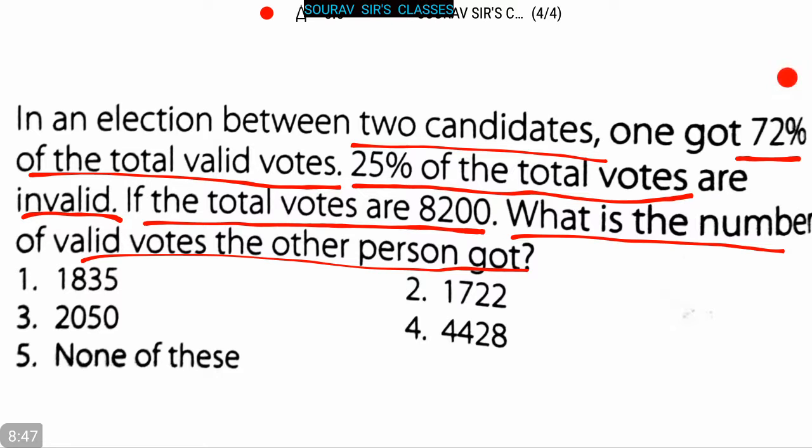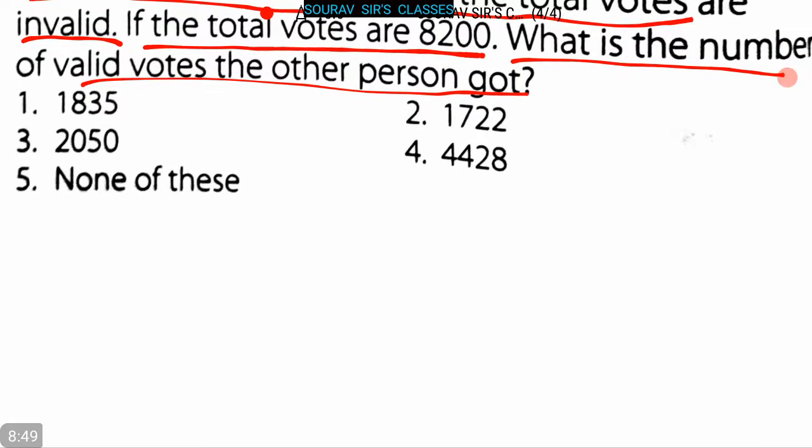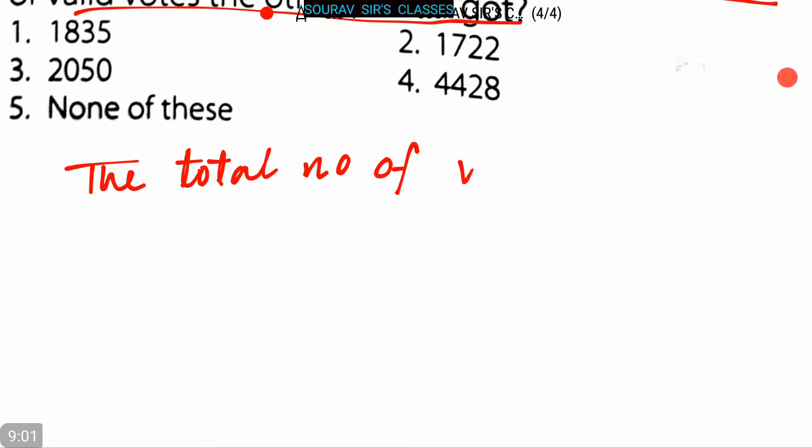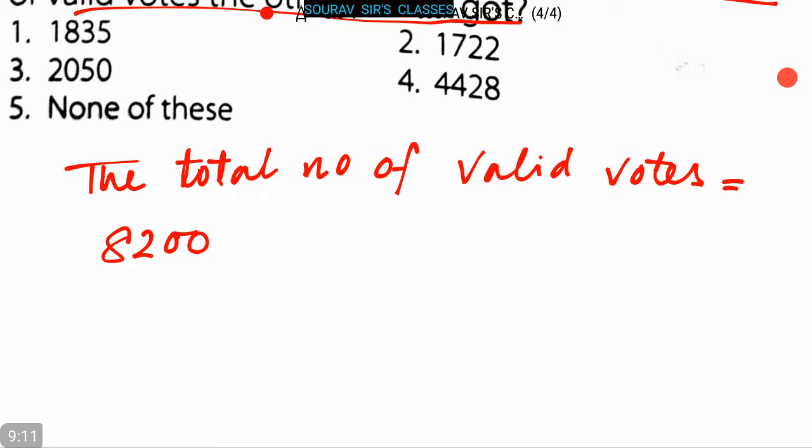So now the total number of valid votes is equals to 8,200 minus 25% of 8,200, but I'm writing it as 8,200 into 25 by 100.